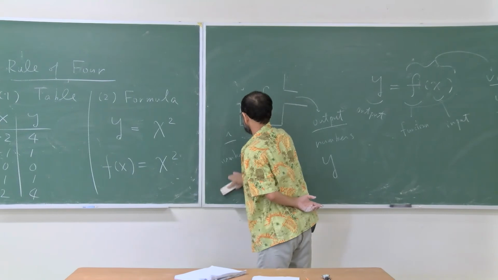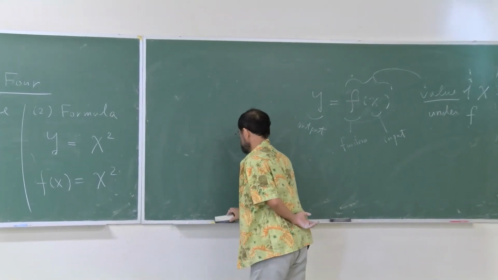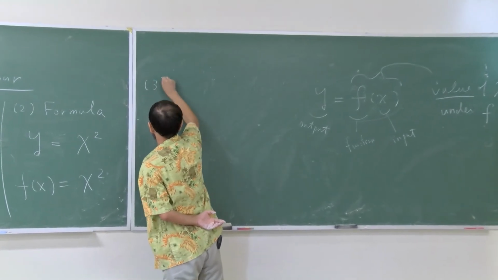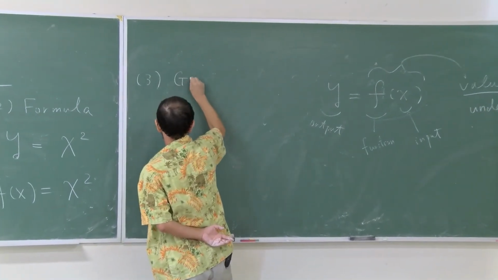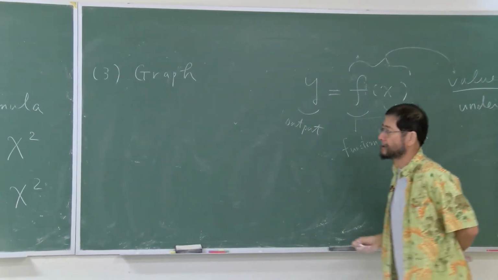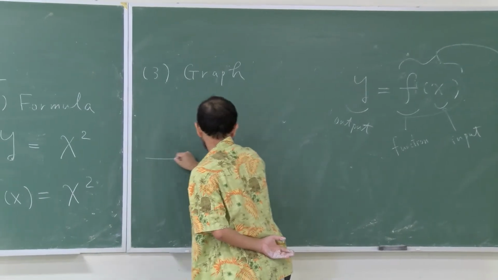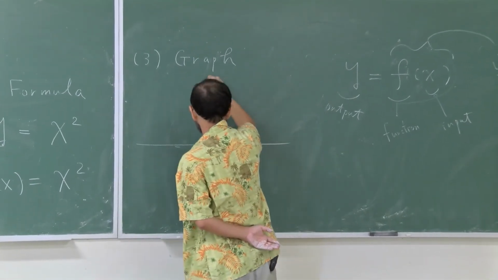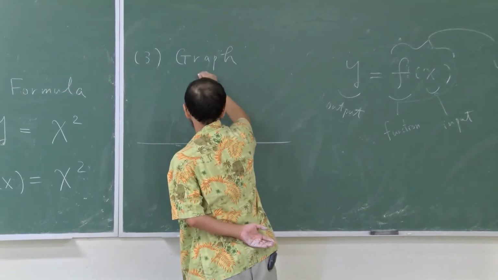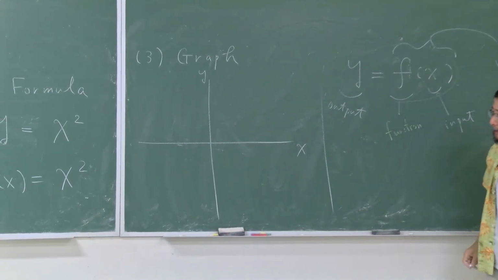Another way, number 3: you can visualize the function by using a graph. You draw 2 lines, a horizontal line and a perpendicular vertical line, and call these the x and y axes.